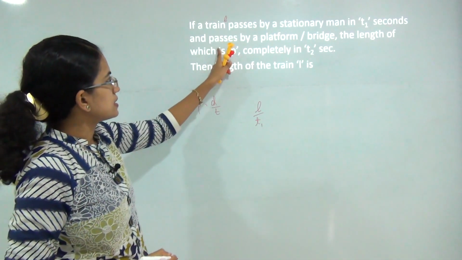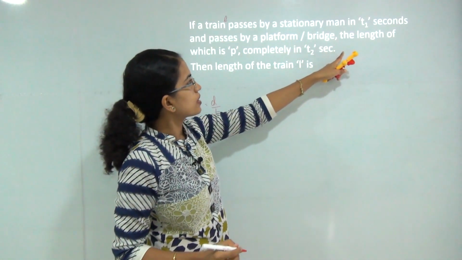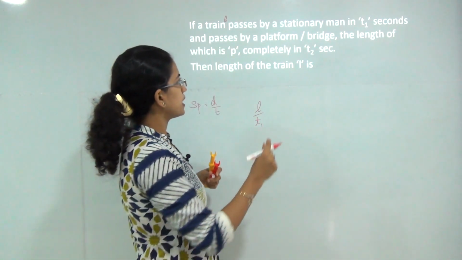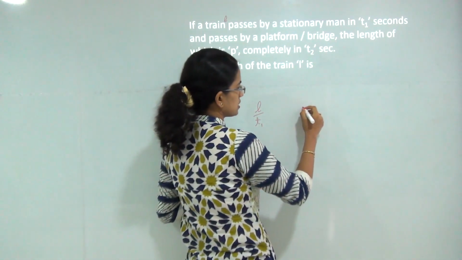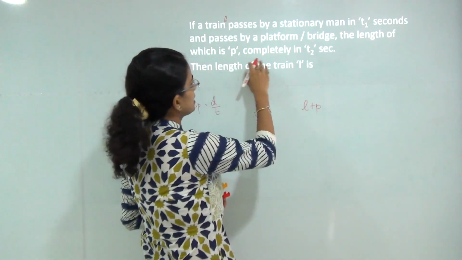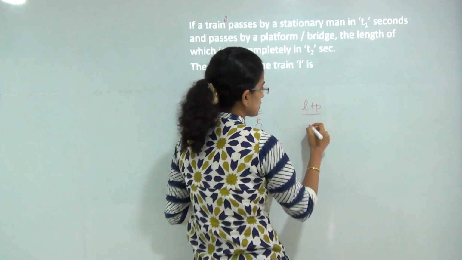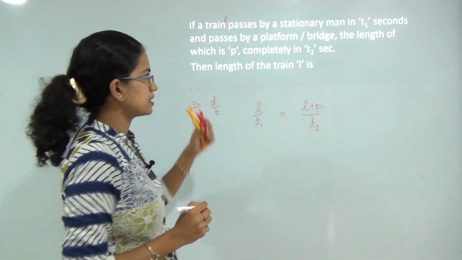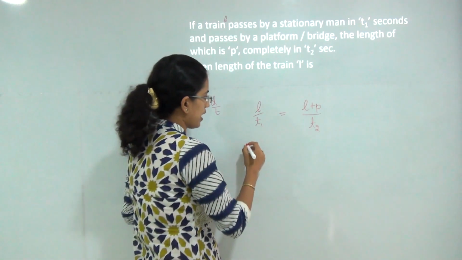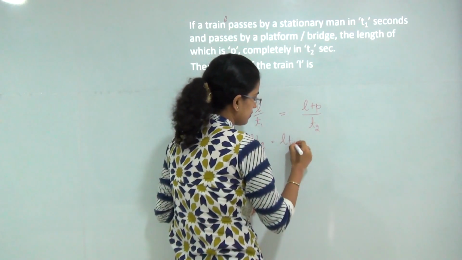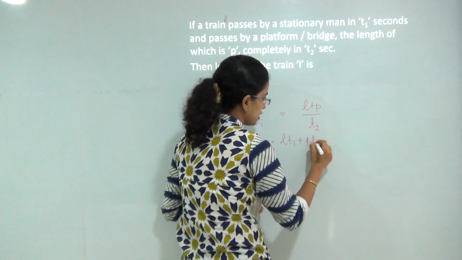And in the next case, it passes a platform or a bridge the length of which is P. So we have assumed the length of the platform as P. So in this case, L plus P would be the total distance, and it is completing it in t2 seconds. Now if I try to solve this question, I can get the length of the train. So I have L t2 is equal to L t1 plus P t1.